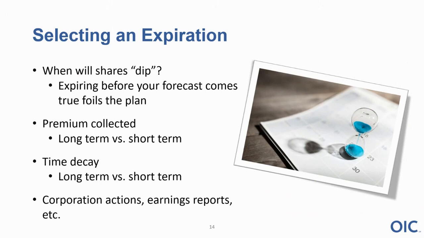Are there earnings being released? How is that going to affect the implied volatility of the contract, for example? So all of these are going to be questions that we need to investigate in order to select that expiration date. Once we have a better grip on what it is that we're looking for and what may happen in that time frame, it gives us a better idea as to what expiration date to select for our contract.